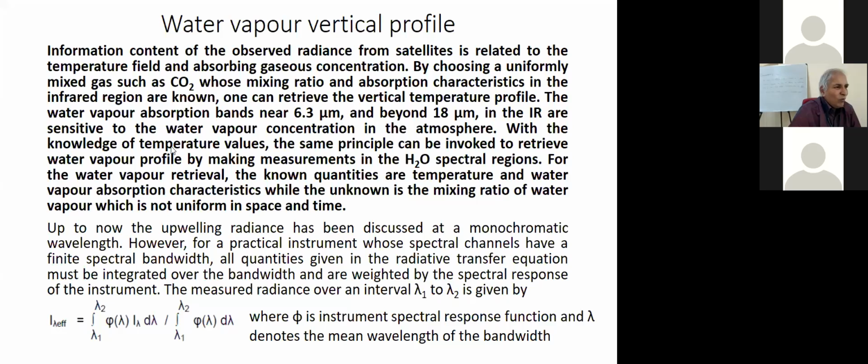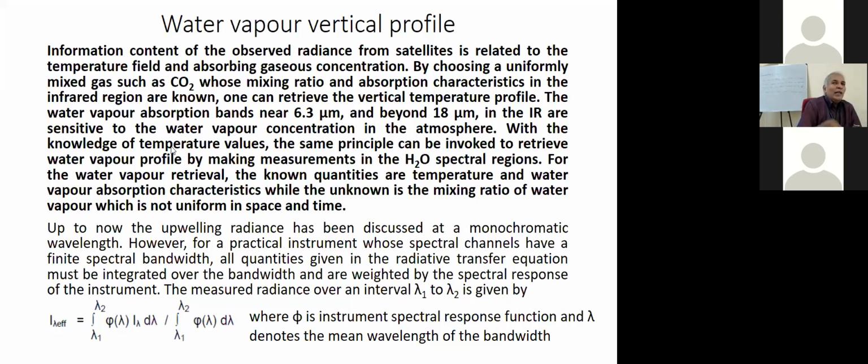So coming to the water vapor profile. Now once I get the temperature profile, okay, so I have the temperature profile. Earlier what I did, I took one constituent in the atmosphere which is uniformly mixed, whose absorption coefficients are known, so I can find out the temperature of the atmosphere.